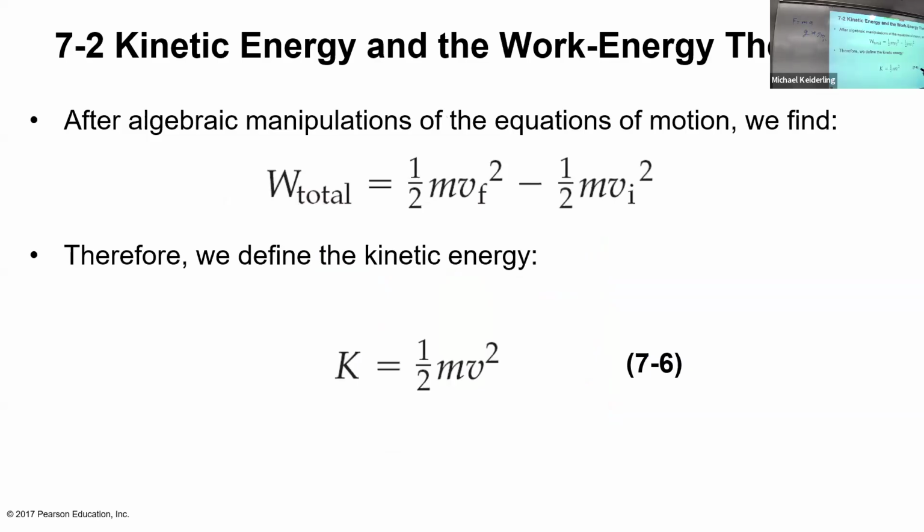If we do a few algebraic manipulations of the equations of motion, specifically v squared equals v naught squared plus 2a delta x, we can find that the total work equals 1/2 mass times final velocity squared minus 1/2 mass times initial velocity squared.